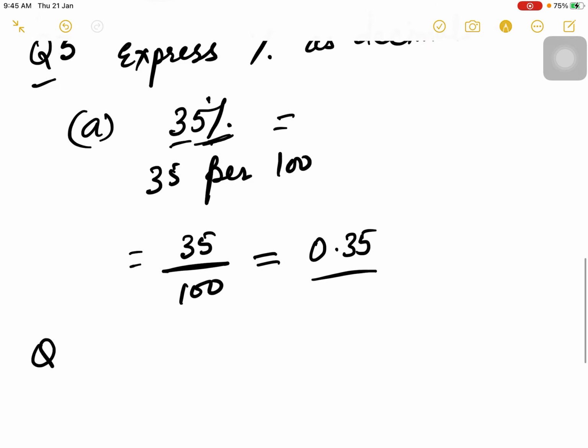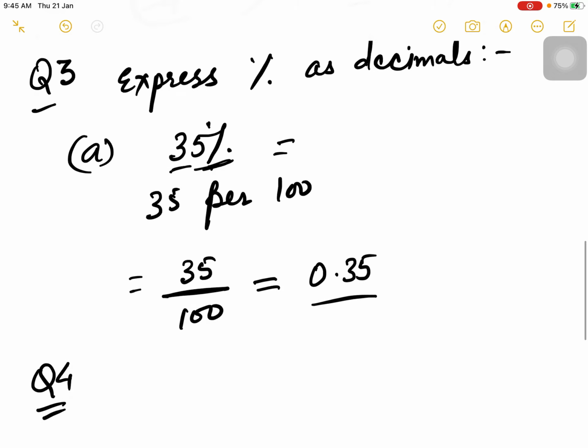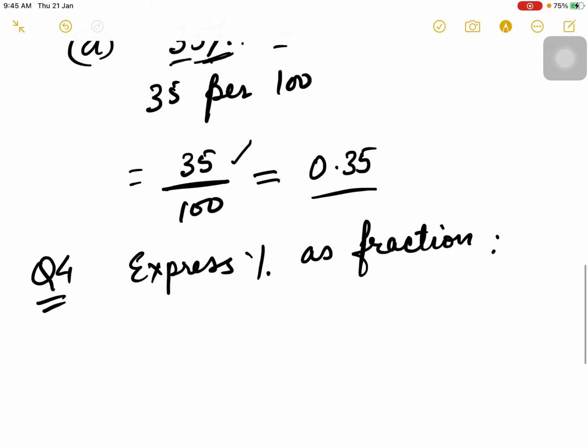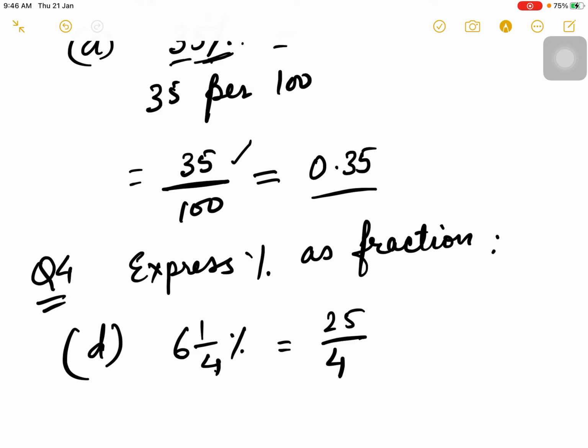Now question number 4 is express the following percentage as fraction. एज फ्रैक्शन. ओके, डेसिमल में क्या किया था बेटा? 35% को पहले फ्रैक्शन में किया था. सेम हमने फोर्थ क्वेश्चन में करना है, बस उसको डेसिमल में कन्वर्ट नहीं करना. ओके, सो एक्सप्रेस परसेंटेज एज फ्रैक्शन. वेरी सिंपल. ओके, आई एम गोइंग टू सॉल्व पार्ट डी. 6 1/4%. ओके, सो 6 4s are 24 plus 1, 25 upon 4 and percentage को हमने हटाना है, so we'll divide it by 100.